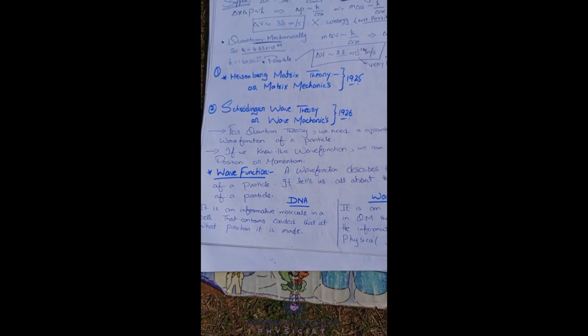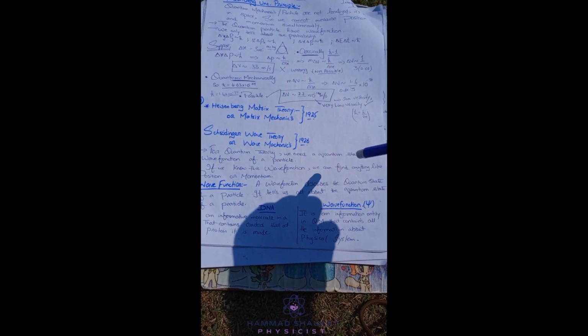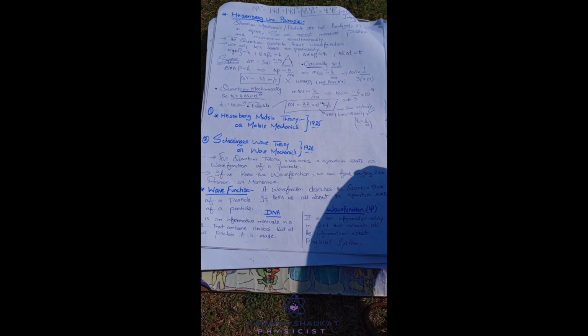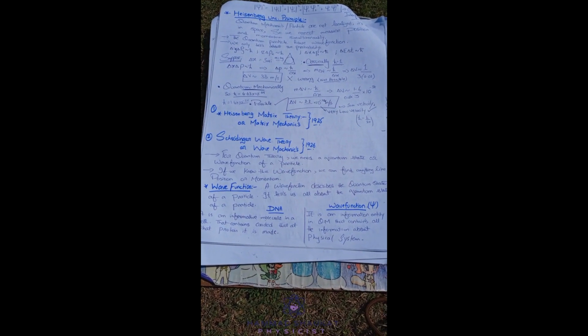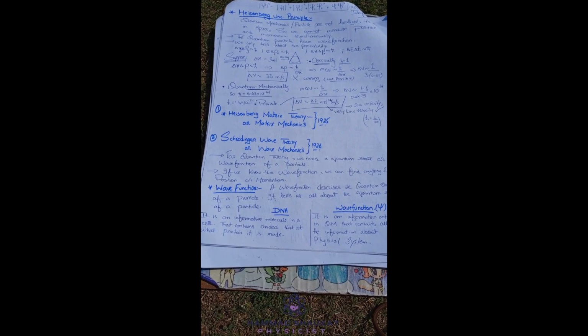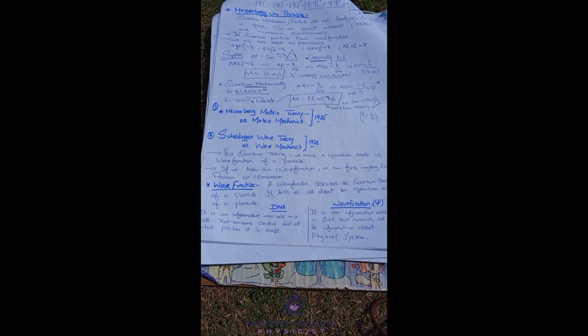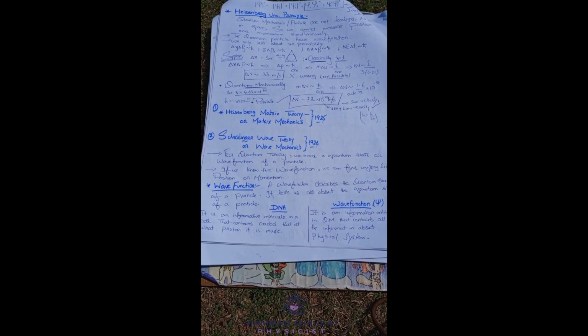If you know the wave function, we can find position or momentum. This is the simpler thing. If you know the wave function of that quantum particle, then you can easily find the position and momentum of your particle. You already know you cannot find position and momentum simultaneously, but if you know the wave function, then you can easily find them, but not simultaneously. This does not happen in quantum physics.